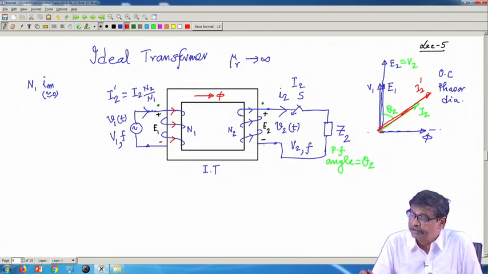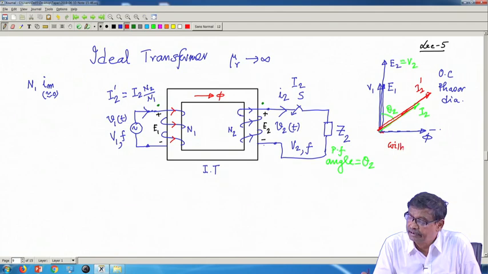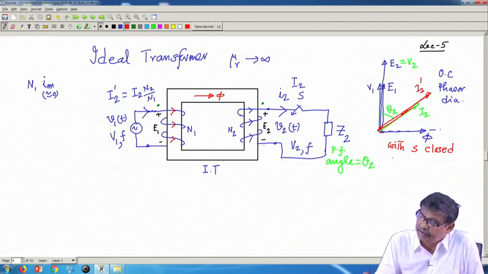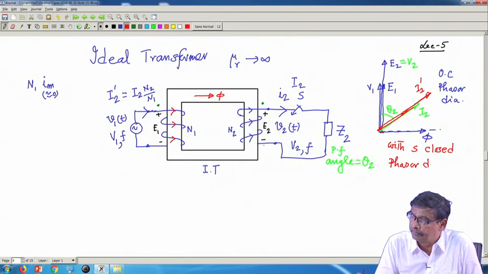So, this is the phasor diagram with these red things, with S opened, S closed, or we say the phasor diagram of the ideal transformer with load on the secondary side.